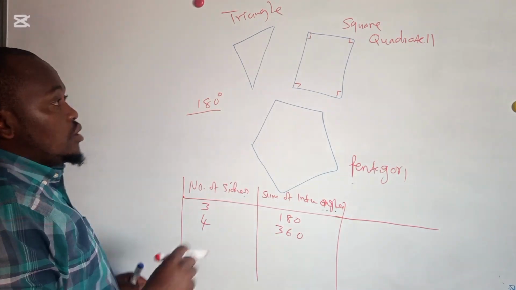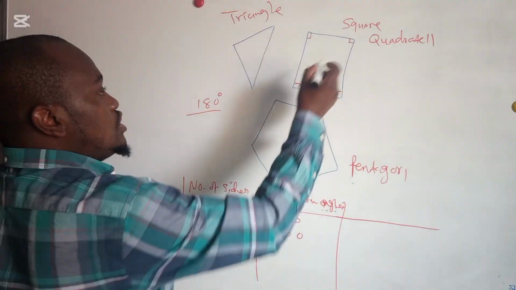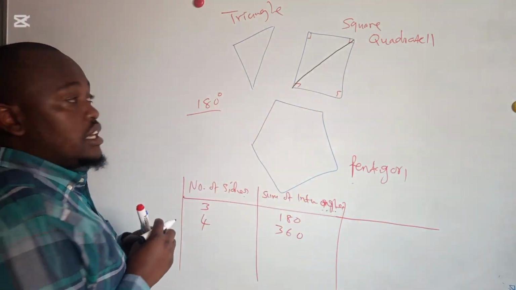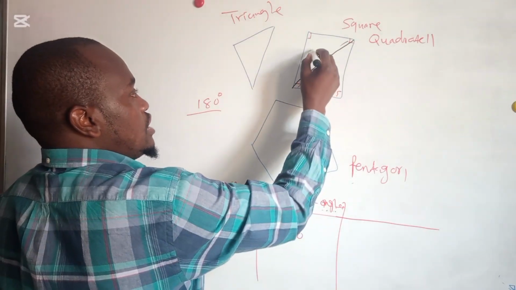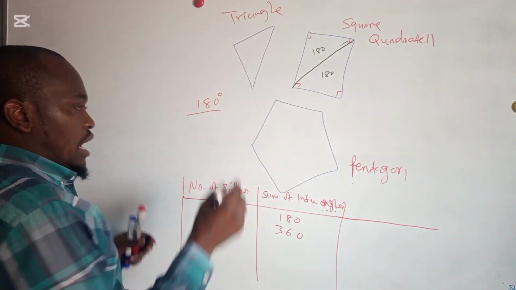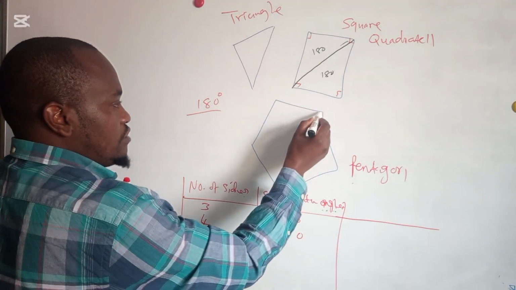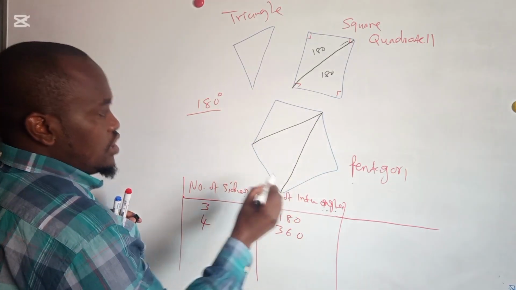Alright? So an easier way to understand this question is to divide here into 2 triangles. And you say this triangle's interior angles is 180 and this one is 180. Now, when you come to this figure with the 5 sides, how many triangles do you have?